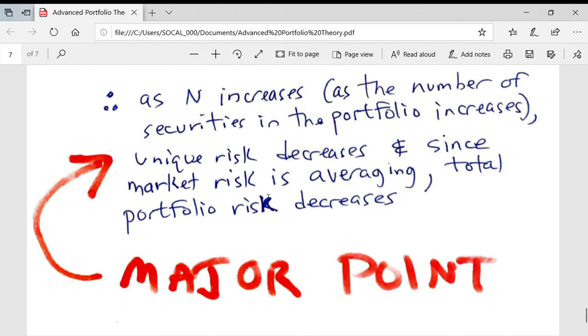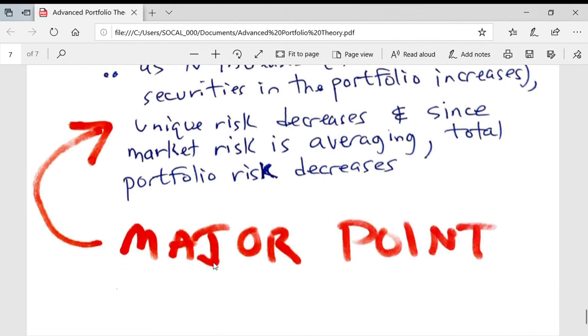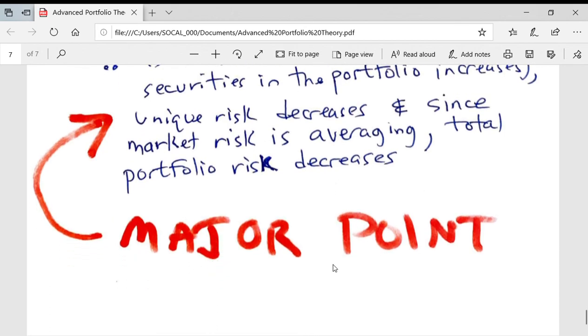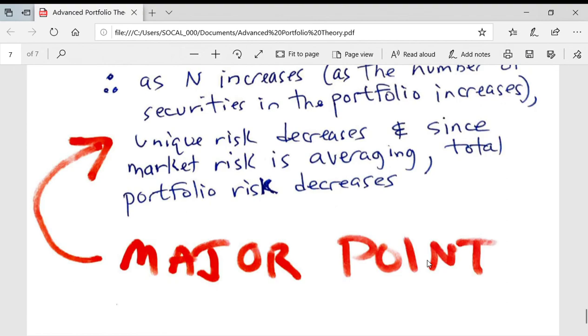Since market risk is averaging and unique risk is falling as portfolio size gets bigger, the implication is total portfolio risk decreases as the number of securities in a portfolio increases. That is a very important major point. Thank you for watching this video.